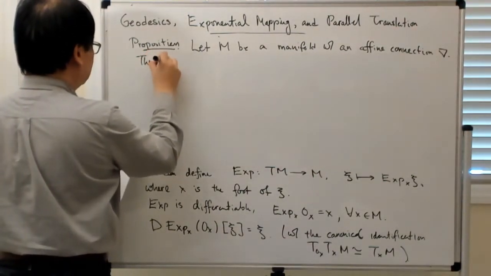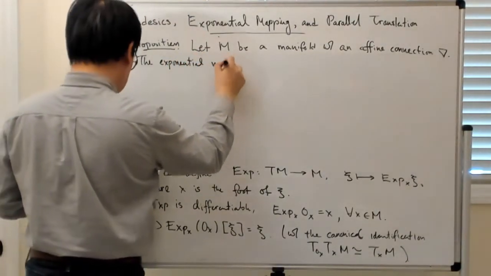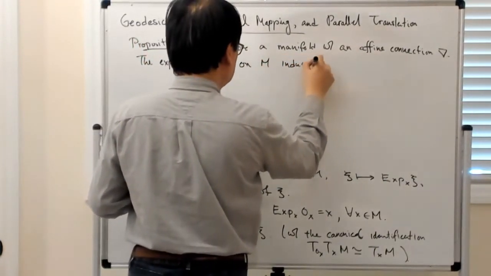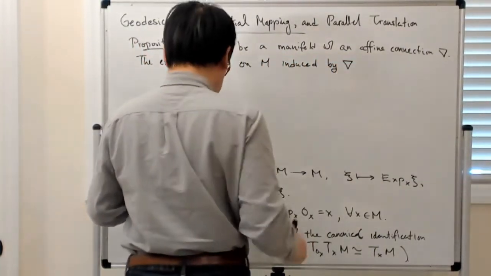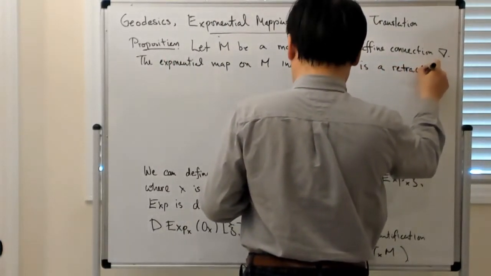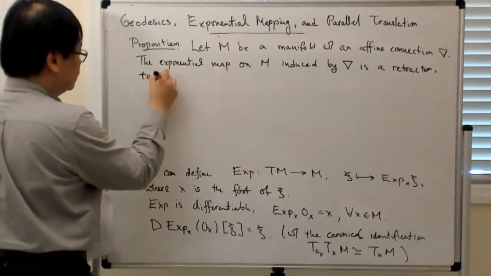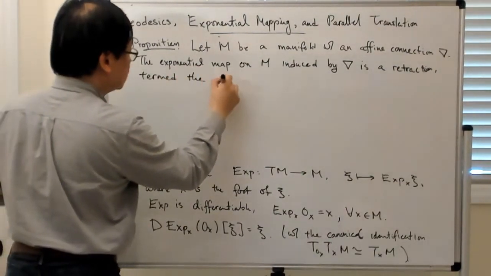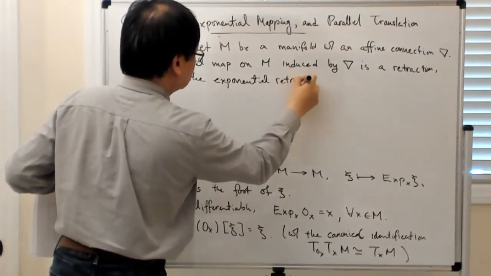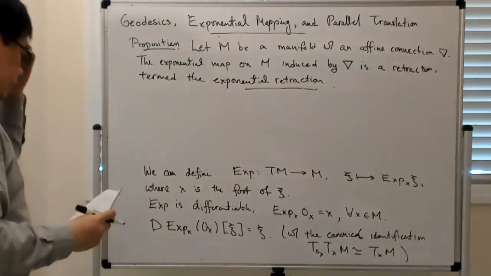So the exponential map on M induced by nabla is a retraction, and we call this the exponential retraction.